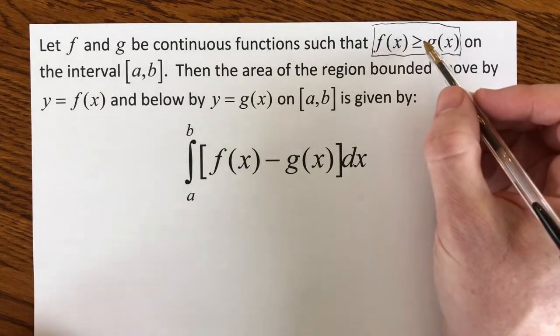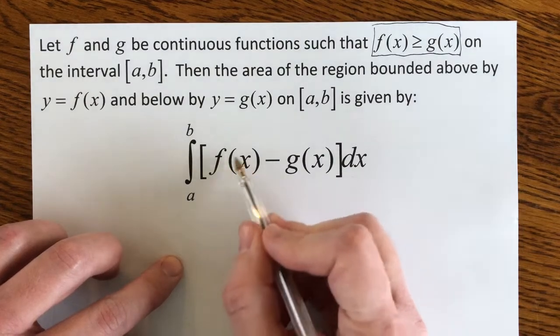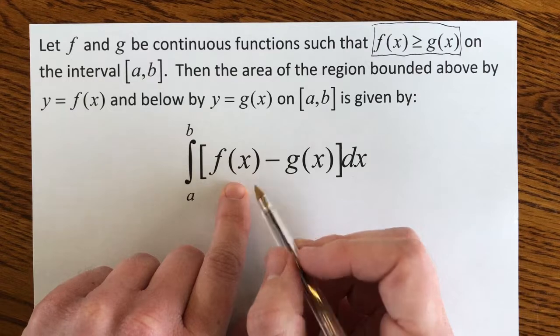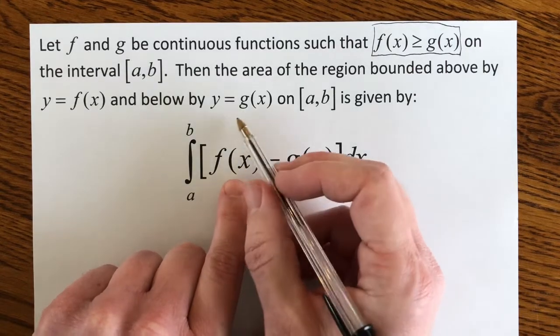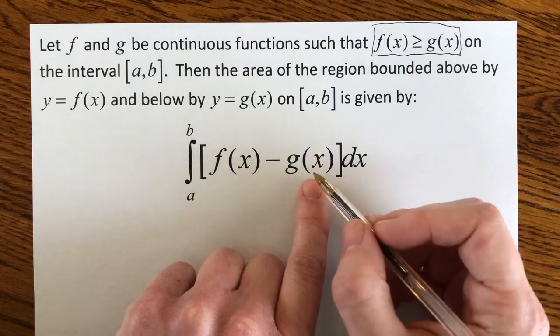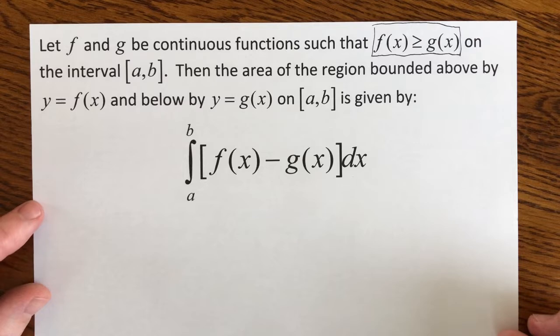Why is it so important? The function you put in this definite integral first must be greater than, must be higher up on the graph than the graph of this one. Okay? So we'll be looking at that as we progress through these examples.